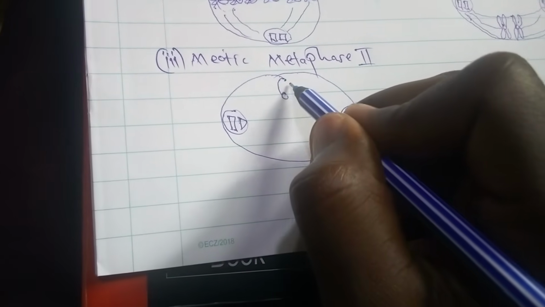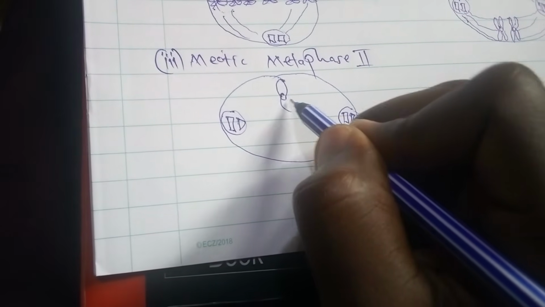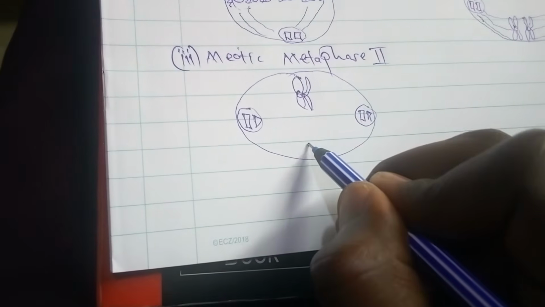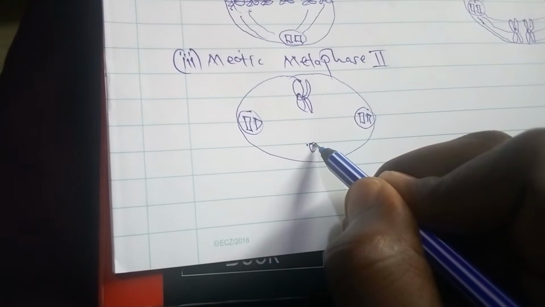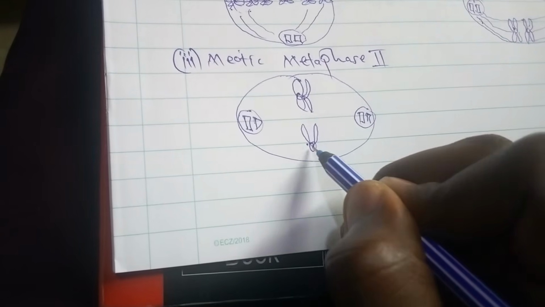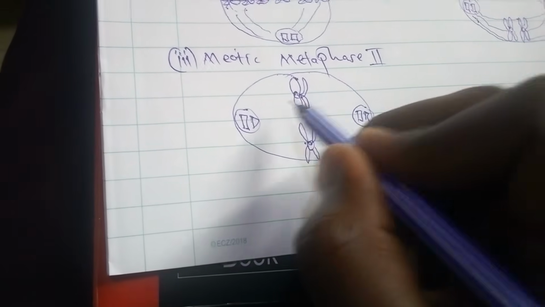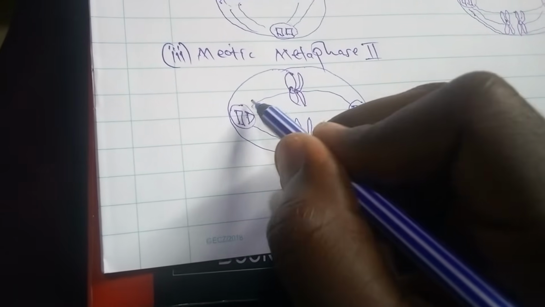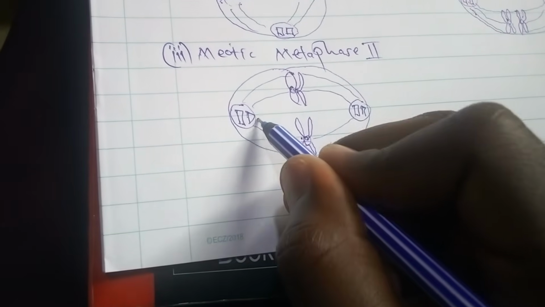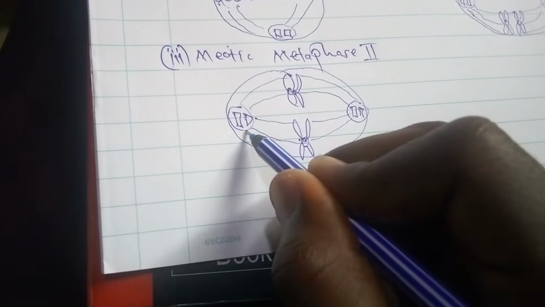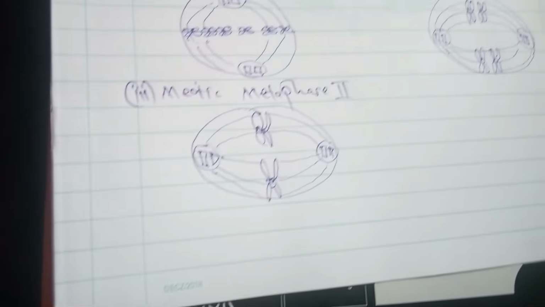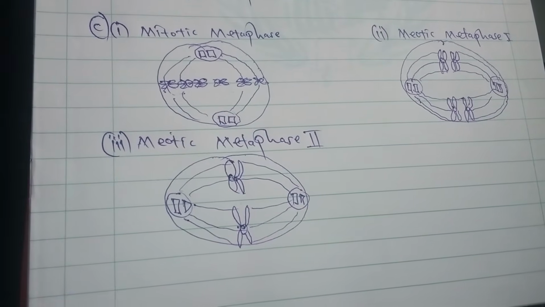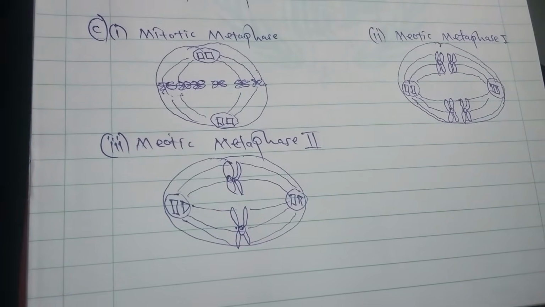So there are single chromosomes. It means that we have drawn the structure of the cell on how it looks at each stage.